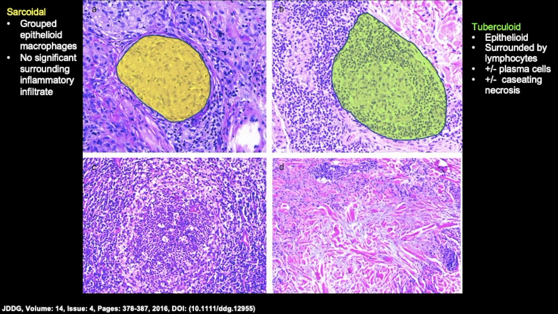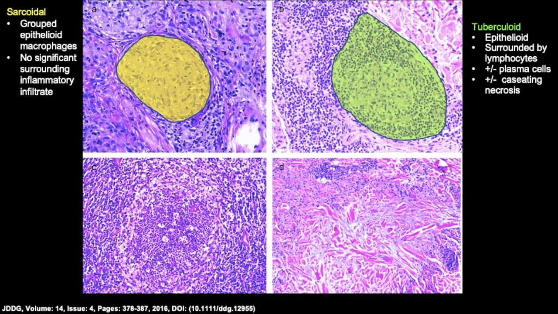The other pattern, less well circumscribed, is the tuberculoid pattern. Usually those granulomas are formed of epithelioid histiocytes surrounded by abundant lymphocytes, and sometimes you see giant cells, horseshoe giant cells, sometimes plasma cells, and sometimes also caseating necrosis.